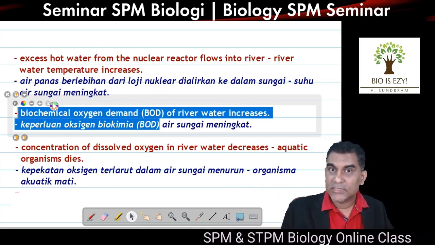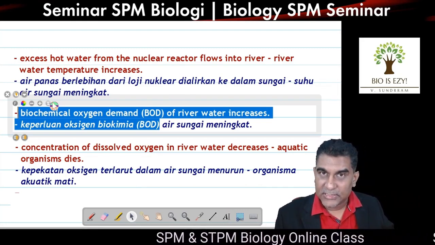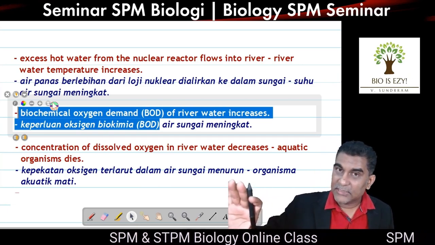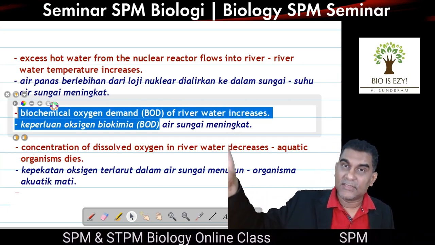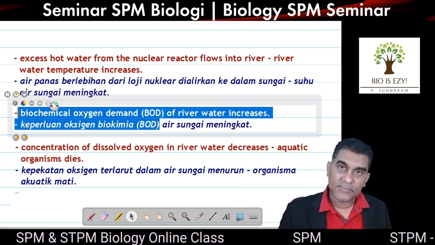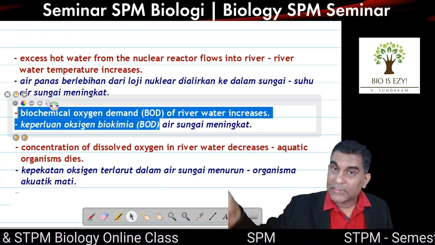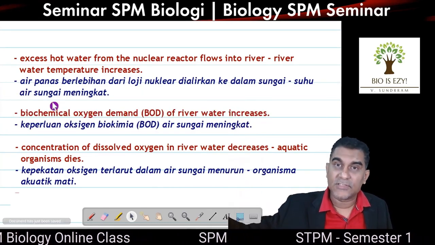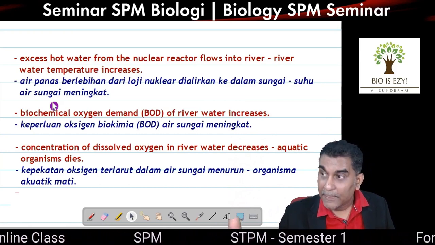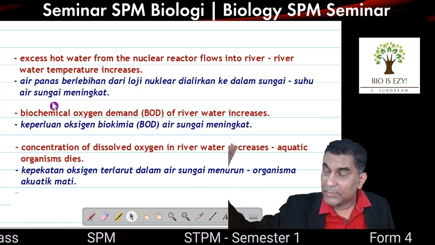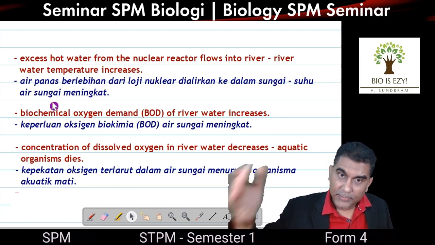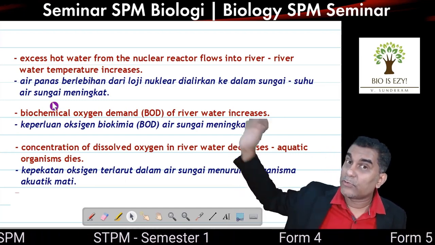There's 2 ways to answer this. I like to use BOD as the answer. The other answer is body metabolic rate increase, the organisms die. When the body metabolic rate increase, the fish die. Bila kadar metabolisme badan meningkat, ikan itu akan mati. Itu pun terima. But I prefer this answer because I want to remind you.